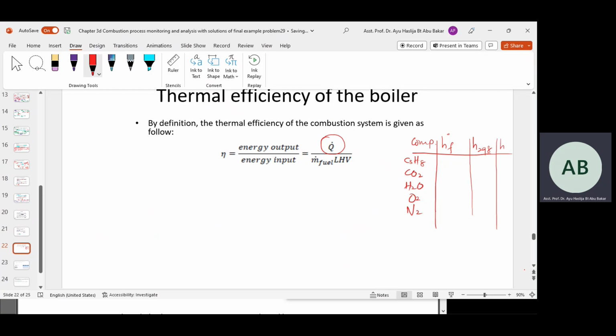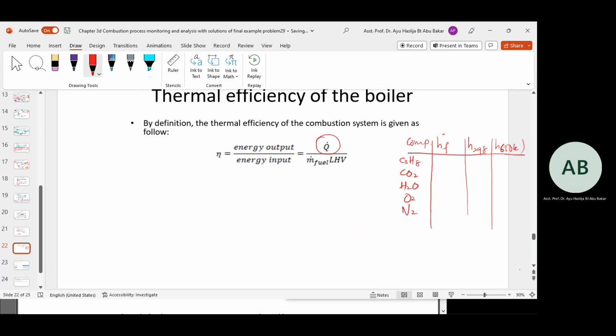H at outlet, just now it was given as 650 Kelvin. Okay, this one you should already know how to find.